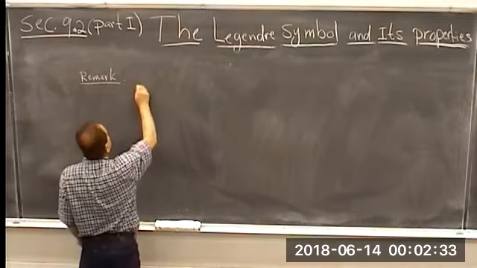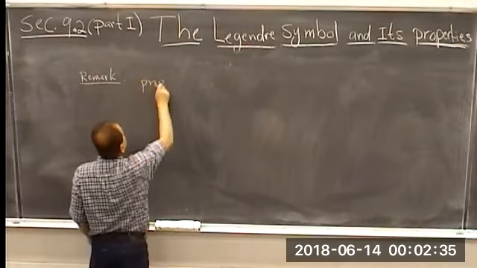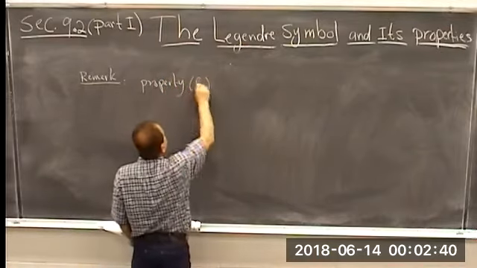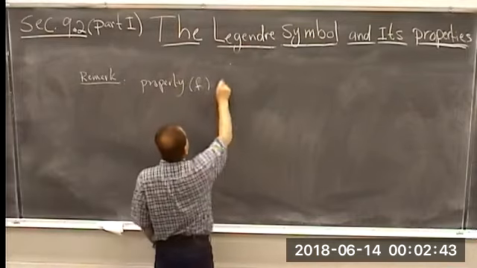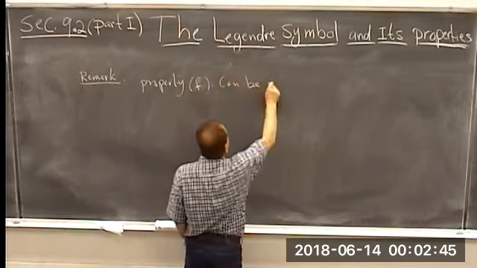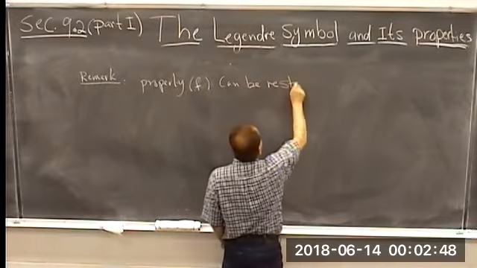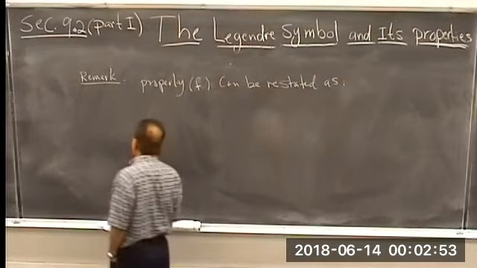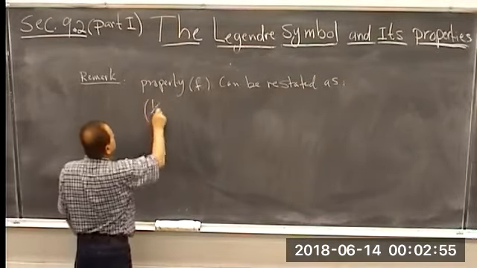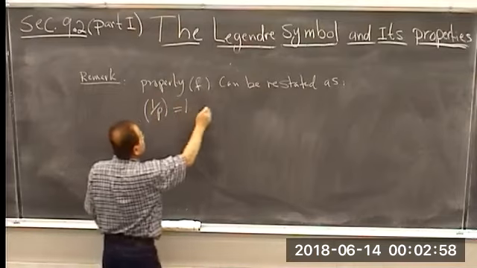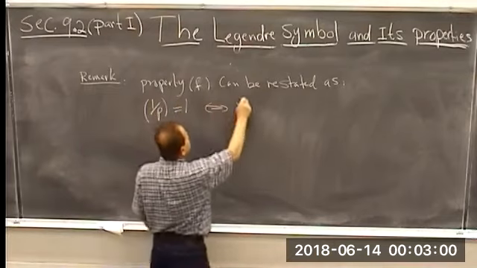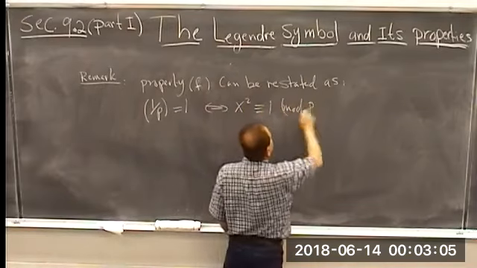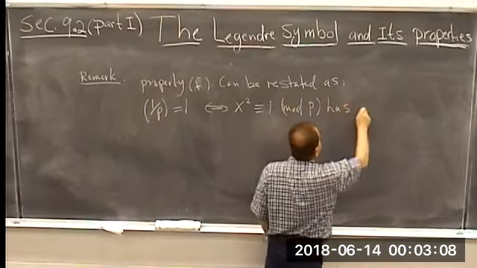So, property E, or F, the last one, can be restated as this. The Legendre symbol of 1 over p being equal to 1 is equivalent to saying that x squared congruent to 1 mod p has a solution.